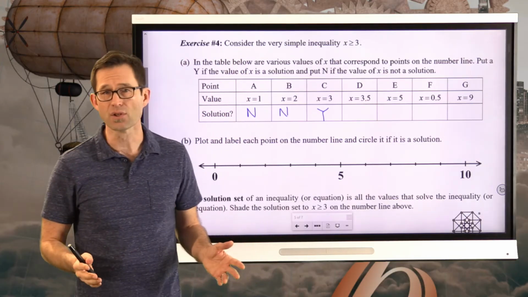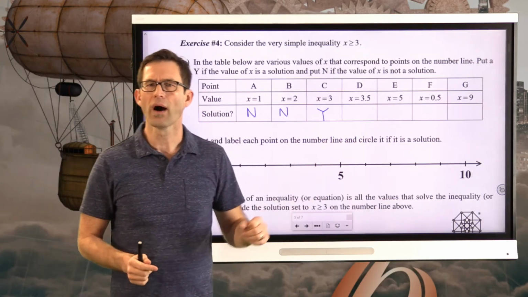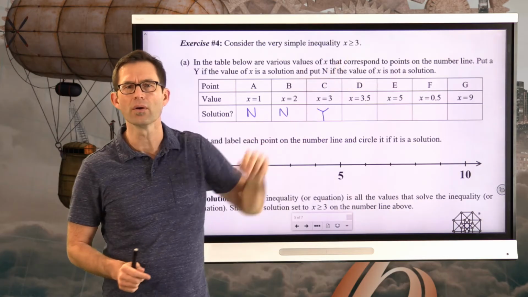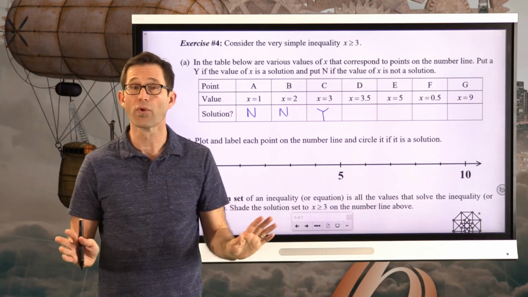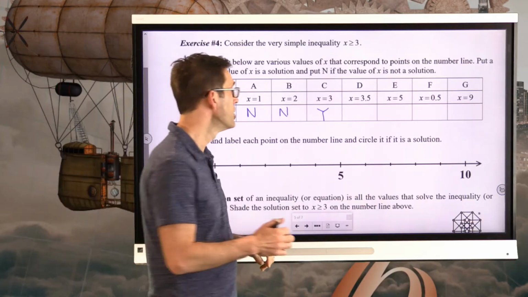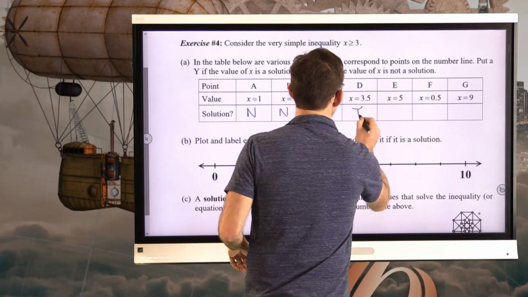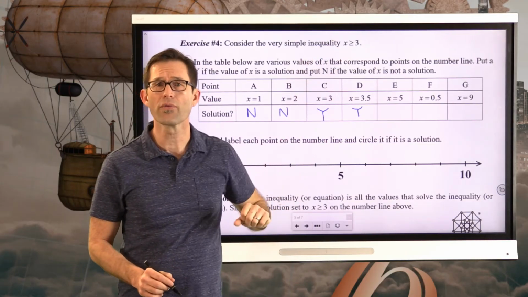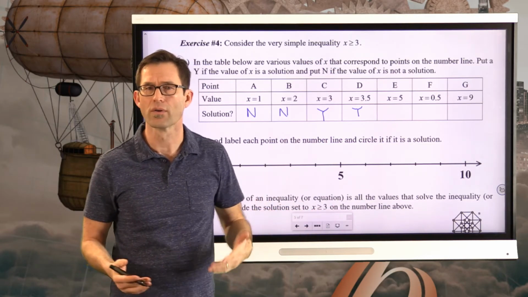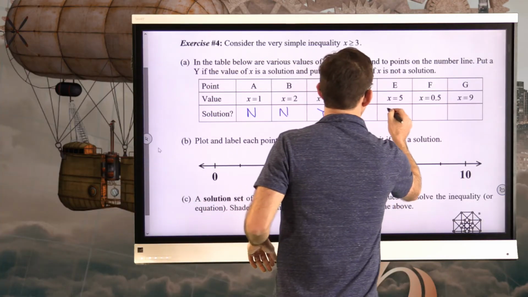But yeah, that one's a solution. 3.5, well, if I put 3.5 up here, is 3.5 greater than or equal to 3? Sure, it's not equal to 3, but it's greater than 3. So that's a yes. x equals 5. Is 5 greater than or equal to 3? Yeah, that's yes.